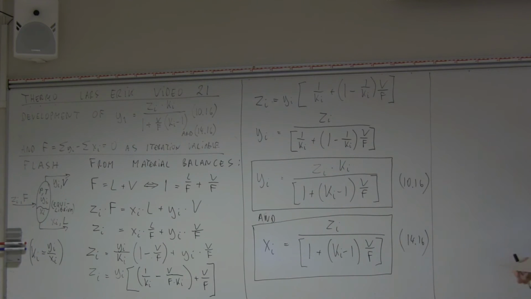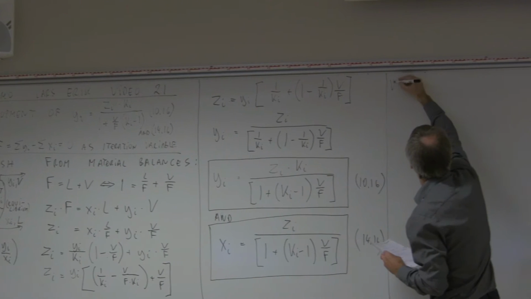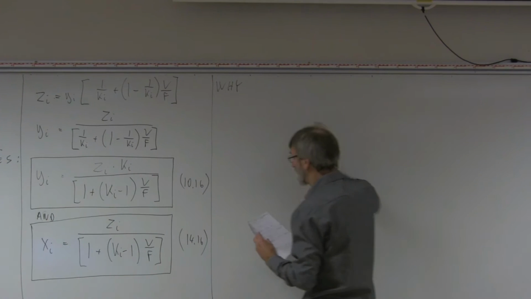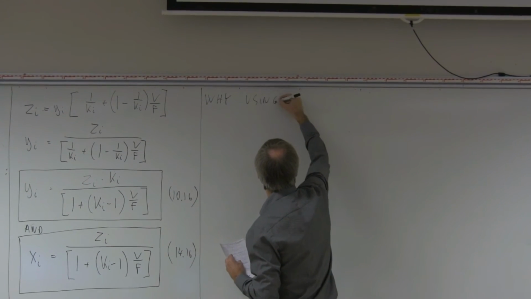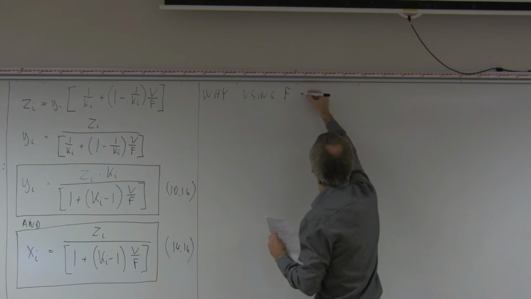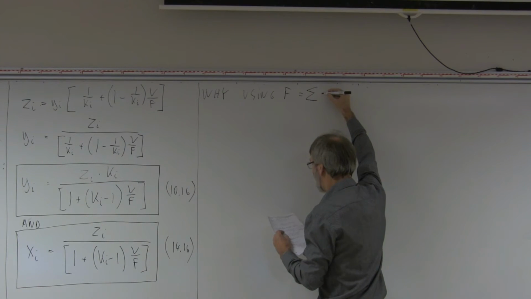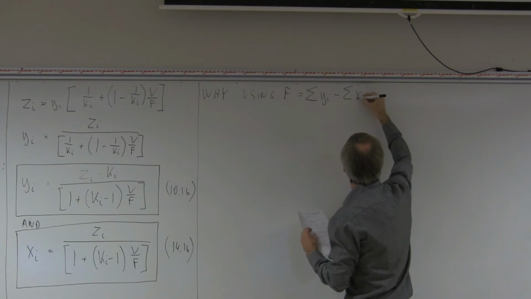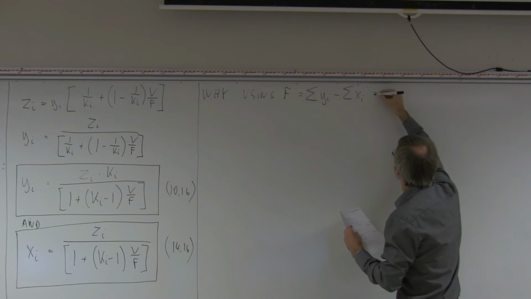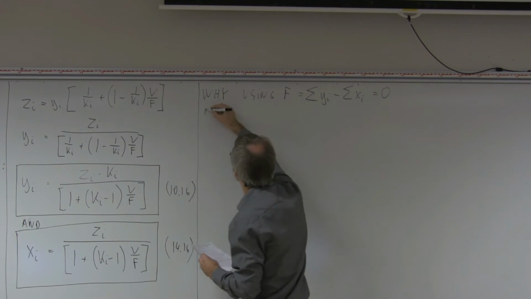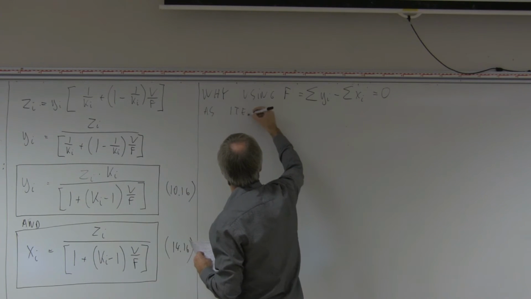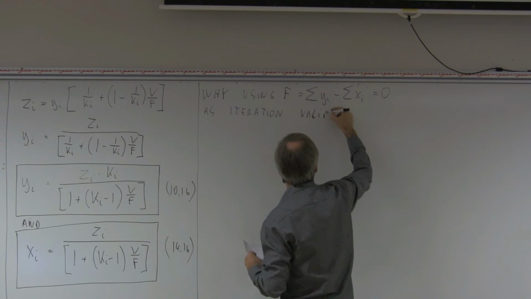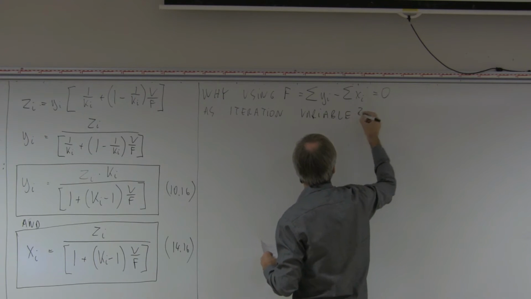And then we go further, and I put up a question: why use a function which is the sum of y's minus the sum of x's equal to 0 as an iteration variable.